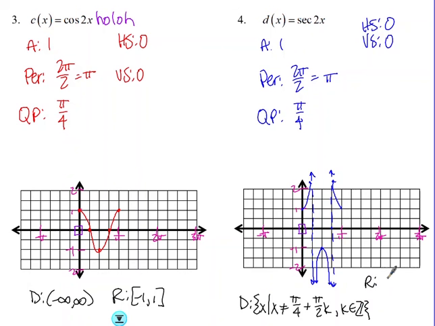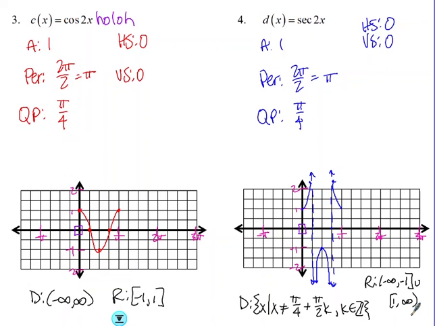The range for this function is negative infinity to negative 1 and 1 to infinity. So that's how you can use the cosine graph to graph a secant function.